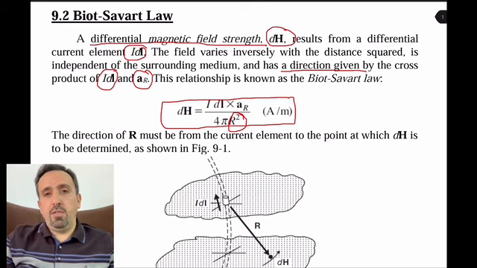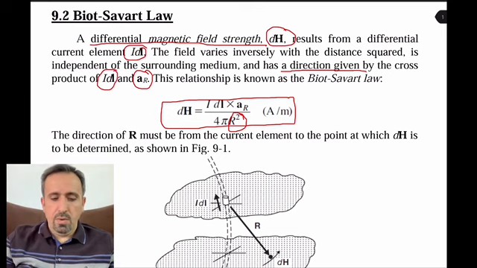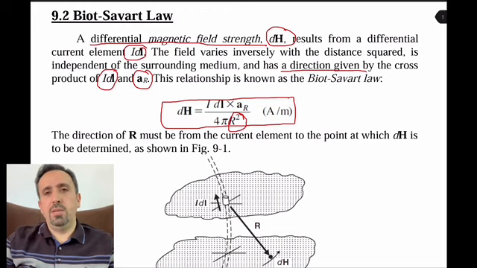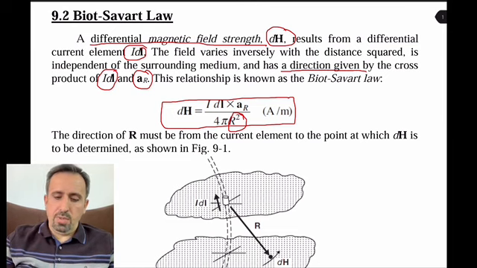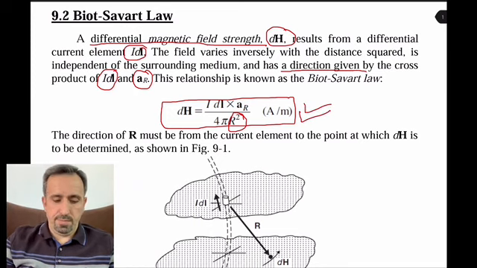The direction of the magnetic field will be decided according to a cross product calculated between the current element and aR. And aR is the unit vector of the vector R. So the relation is, as discussed, will be like that.